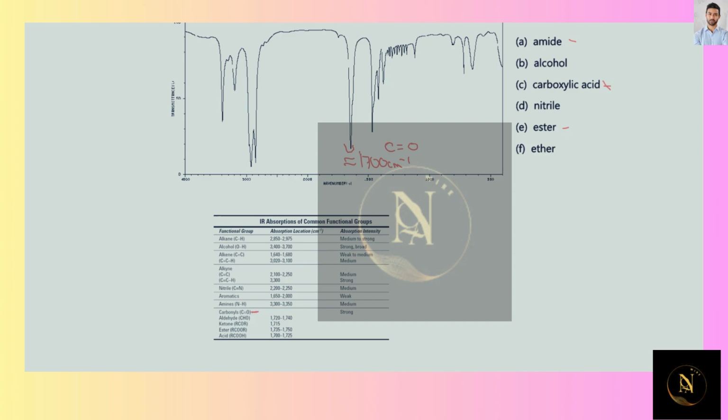So the next signal that we want to look at is going to be in around this region. We see that we have different stretches at around 3300, 3300 to 3400 or 3350 that are of a medium strength. In these regions, we're going to have stretches, and this is going to be consistent with an amine, with nitrogen-hydrogen stretches.